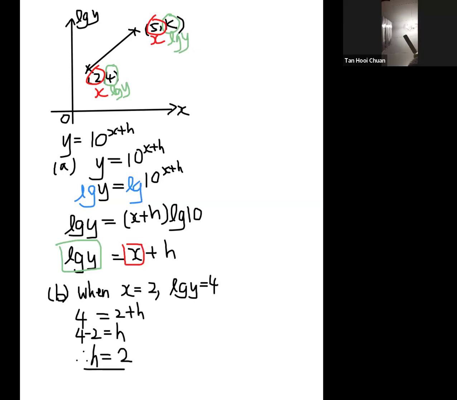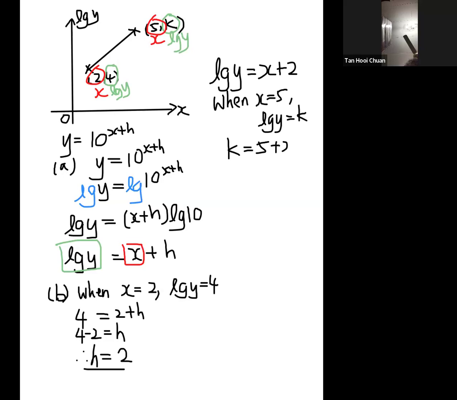Second one, you know the equation already. H is 2. When x equal to, well, get the answer already. Okay?